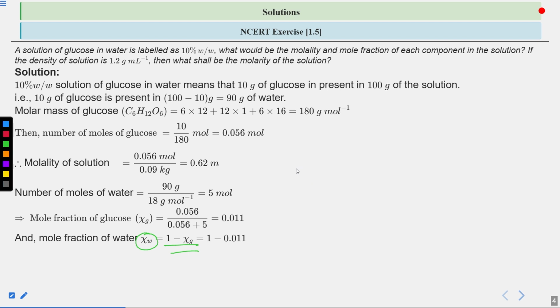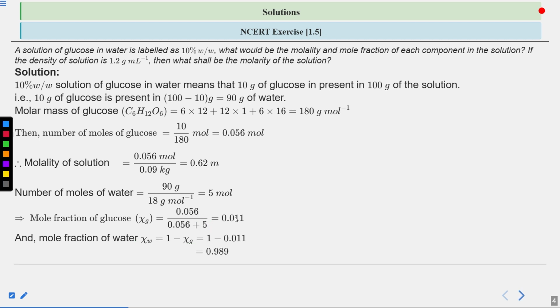This is true for all kinds of solution, even if you consider more than 2 components. But since it is a 2 component solution, we can calculate the other mole fraction using this simple formula. We cannot neglect the value for glucose, as it is not that small. It is comparable with this 5, so we have to take it. You can't neglect this value.